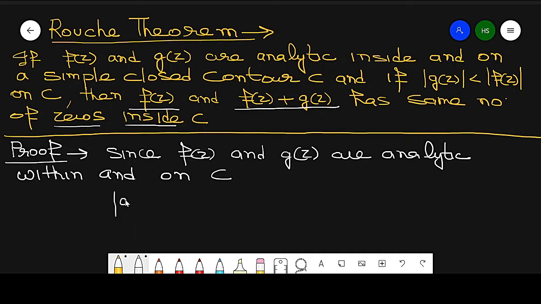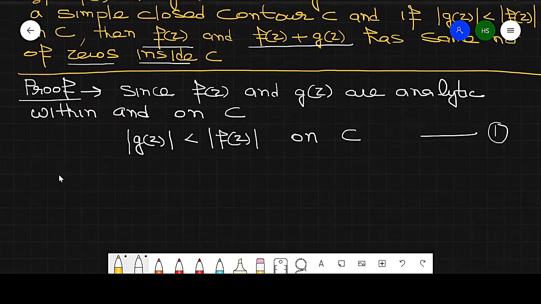Second condition is modulus of g(z) less than modulus of f(z) on the closed contour C. Suppose this is equation number 1. Now that is the given part.